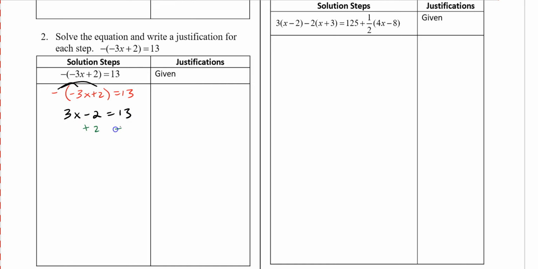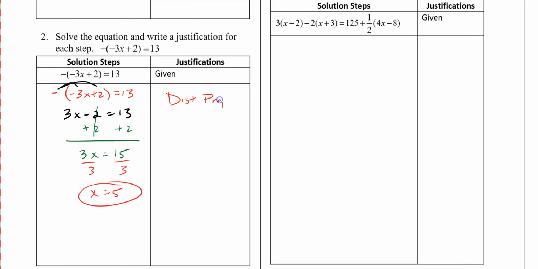So plus 2 to each side. 3x is equal to 15. Divide both sides by 3. x is equal to 5. And my 3 steps were distributive property, addition property of equality, and division property of equality.